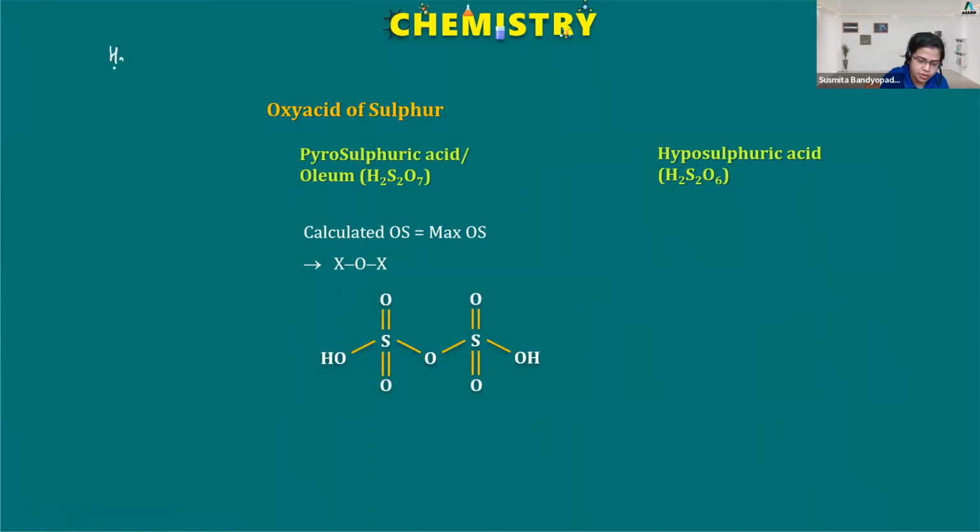Let's try with the formula H2S2O7. If I use the formula, plus 2, plus 2x, plus 7 into minus 2 is 0. 2x minus 12 is 0. Correct? Or wait. Plus 2 plus 2x minus 14 plus 2. Okay.